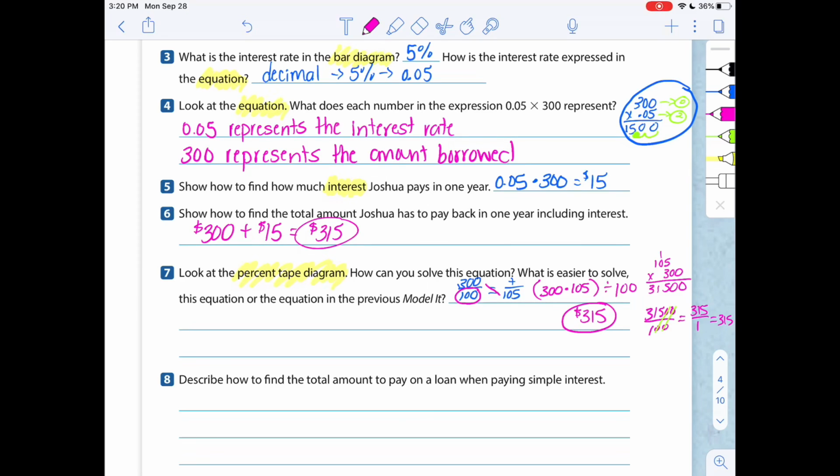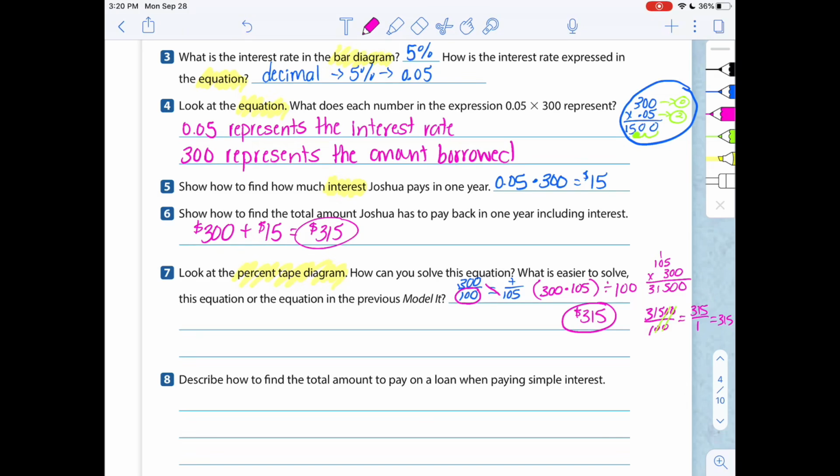So now that we know how to solve that proportional equation, which is easier to solve, this equation or the previous equation? So this might just be a personal choice as to which one was easier, and sometimes one method might be easier than another method. So you might reflect on this question and say you like the proportional relationship because you didn't have to deal with that decimal.